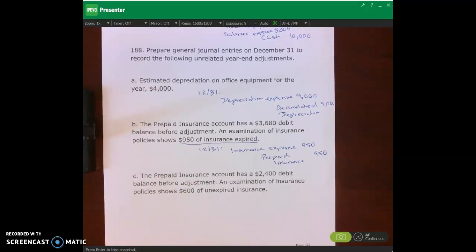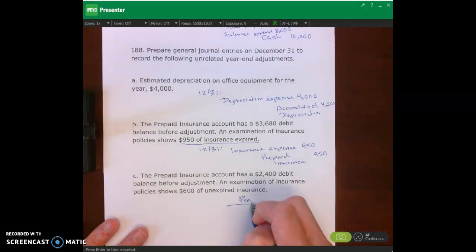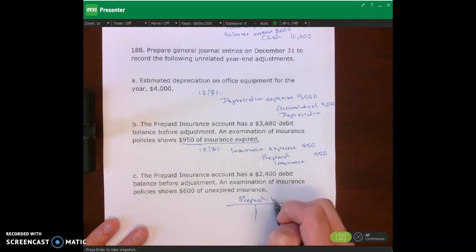So look at C. It says the prepaid insurance account has a $2,400 debit balance before an adjustment. An examination of our policy shows that $600 is unexpired. So in this case, we have to do a T account. Prepaid insurance.